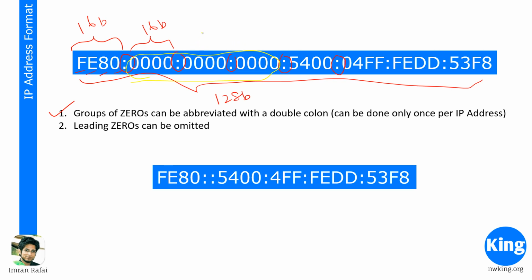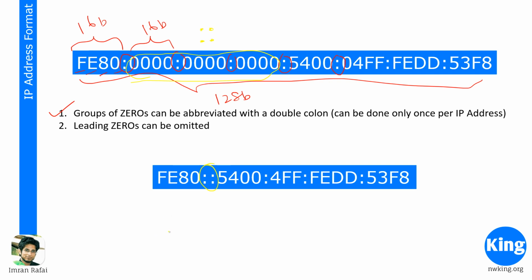This can be replaced using a double colon. That means what is in between is blocks of zeros. Now, how many blocks of zeros?